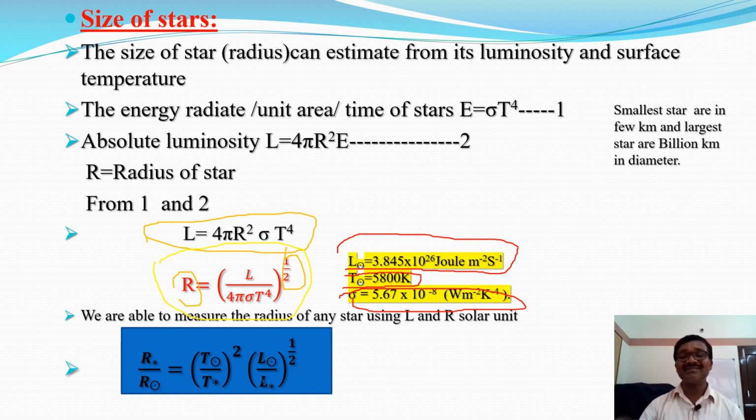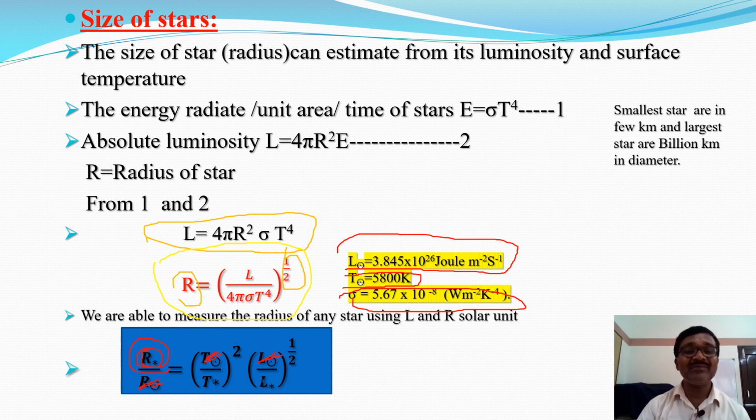This is the size of our sun. We are able to measure the size of any star by using L and R. This is the solar unit. We are able to find out the size of any unknown star by knowing the radius of the sun, absolute surface temperature of the sun, and luminosity of the sun.